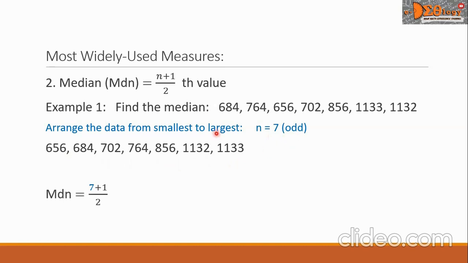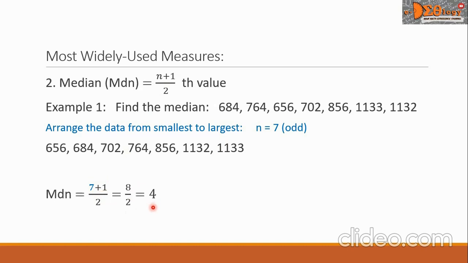Let us now use our formula here. So median equals (n plus 1) over 2, which is now 7 plus 1 over 2, taking the number 7 from here. Simplifying this, 7 plus 1 is 8 divided by 2, and this is equal to 4.